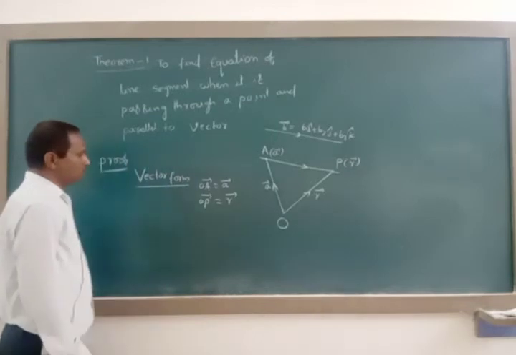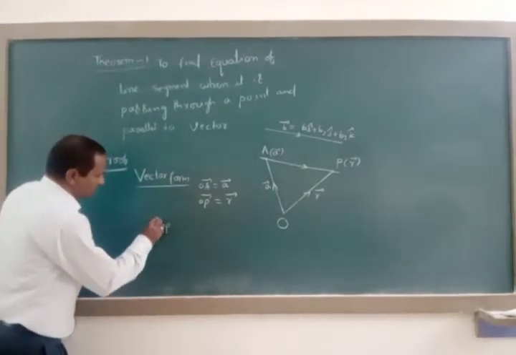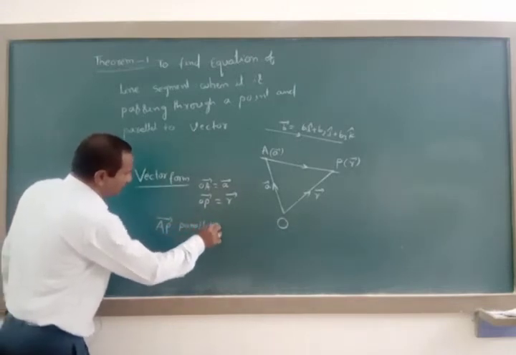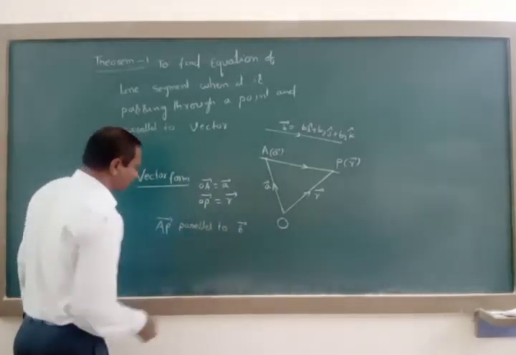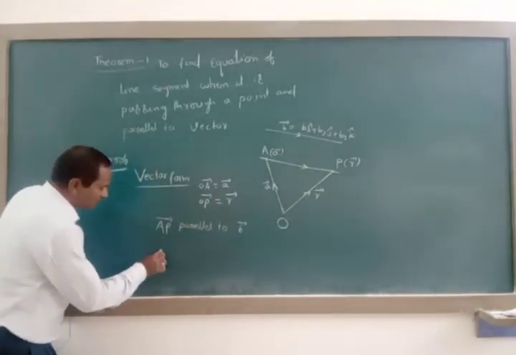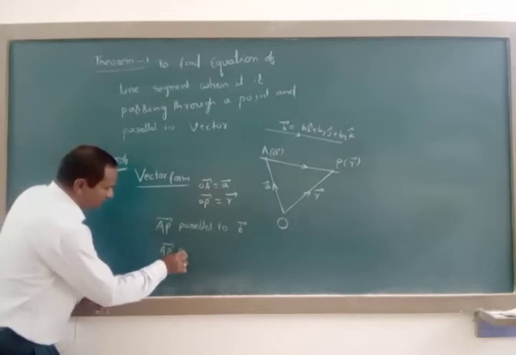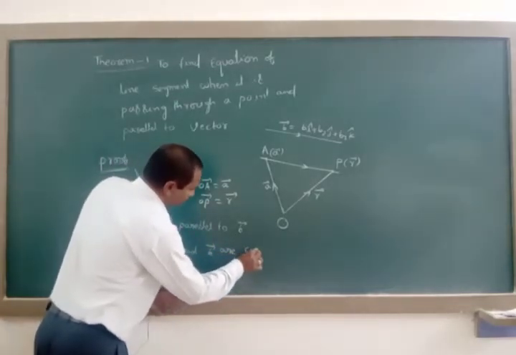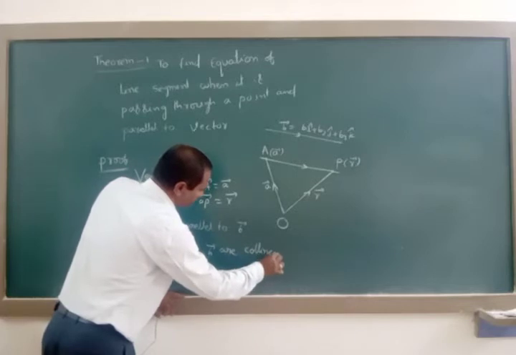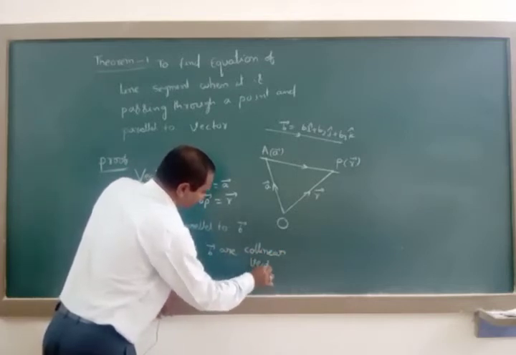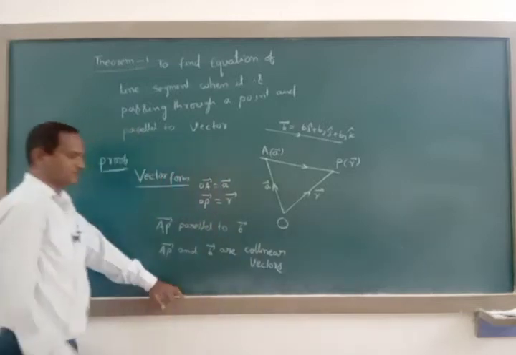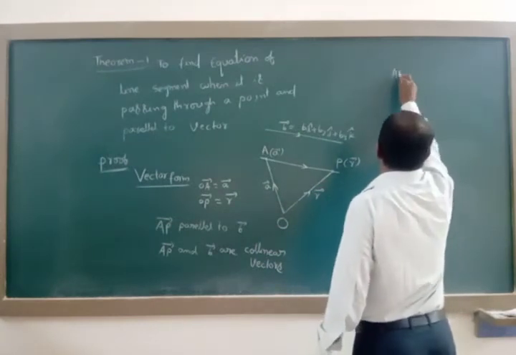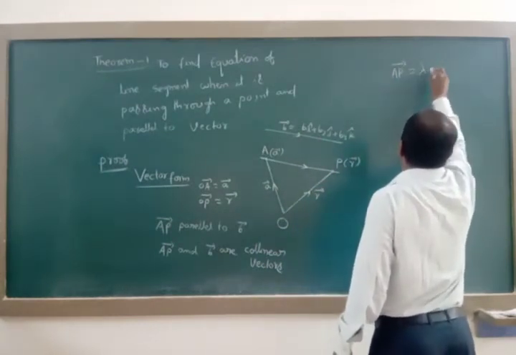Now AP vector is parallel to vector B. Therefore AP vector and B vector are collinear vectors, and we apply the formula AP vector is equal to lambda into B vector.